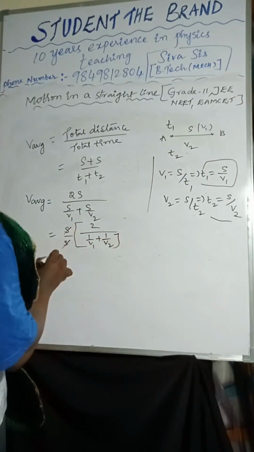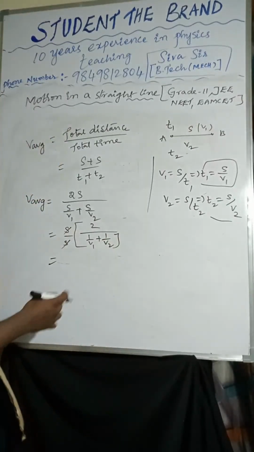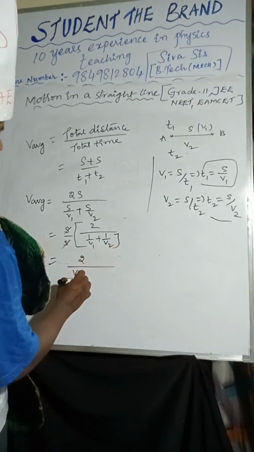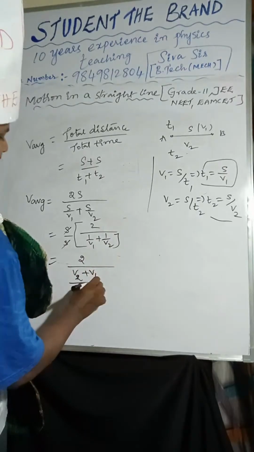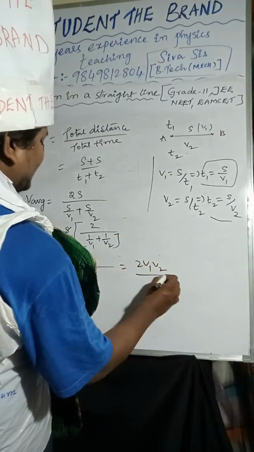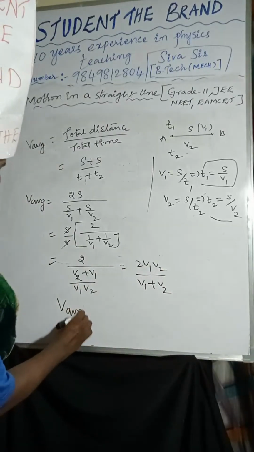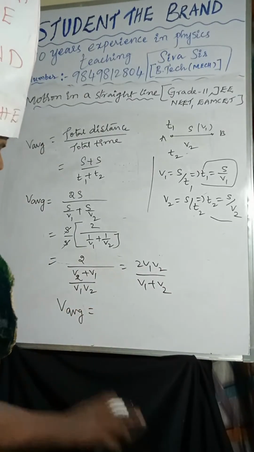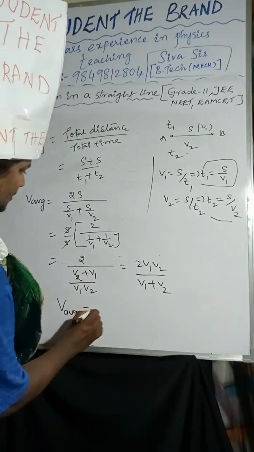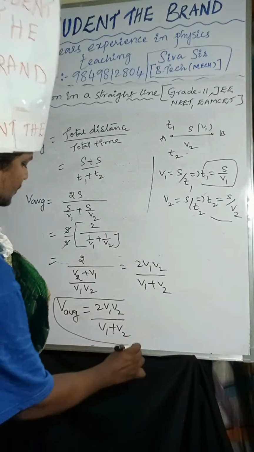The S gets cancelled. Now we can take the LCM: 2 into V1 V2 by V1 plus V2. So the average speed, V average, equals 2V1 V2 by V1 plus V2. So this is the formula.